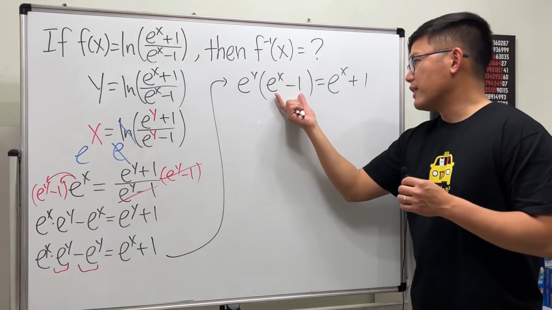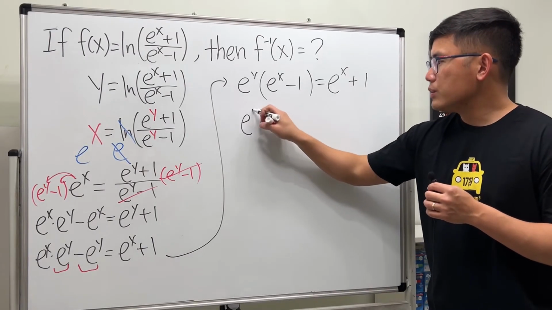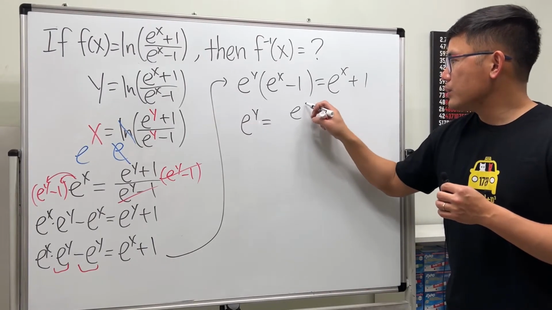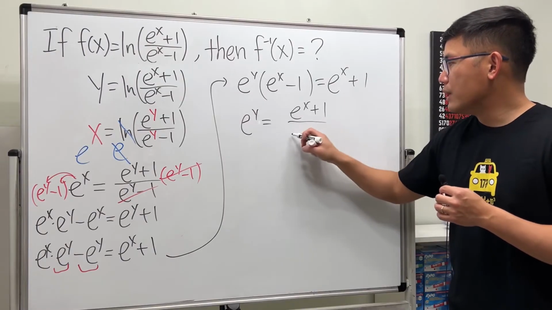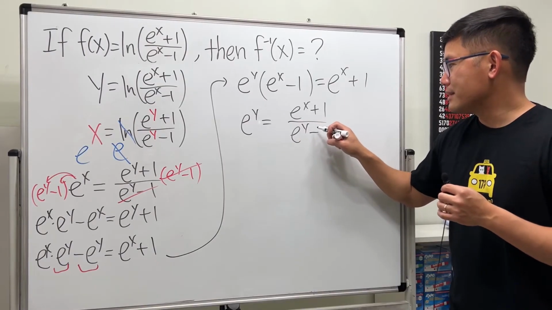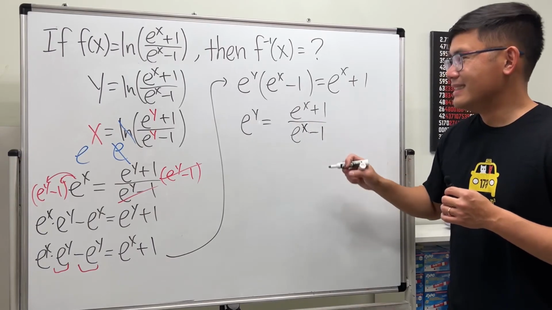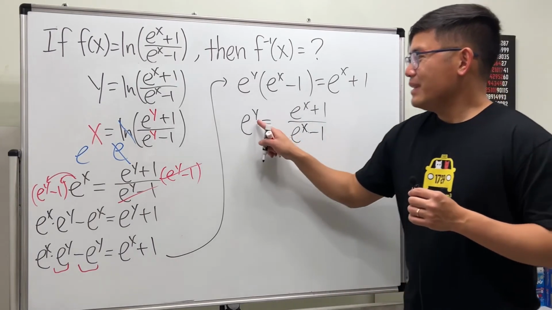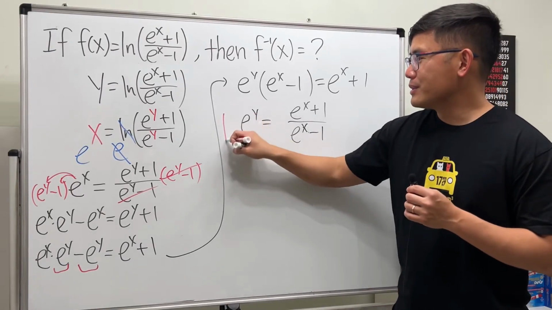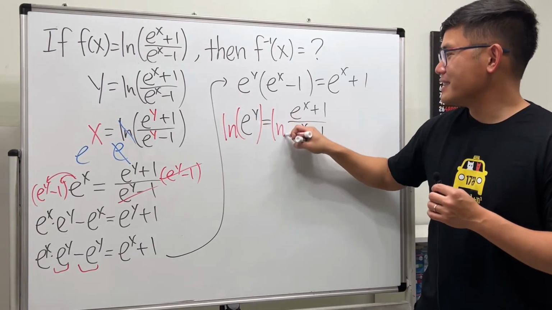And then we can just divide this on both sides, so we get e to the y equals (e to the x plus 1) over, I know you see already, but yeah, (e to the x minus 1). At the end, we are going to isolate this y, and to do so, we just take the natural log on both sides.